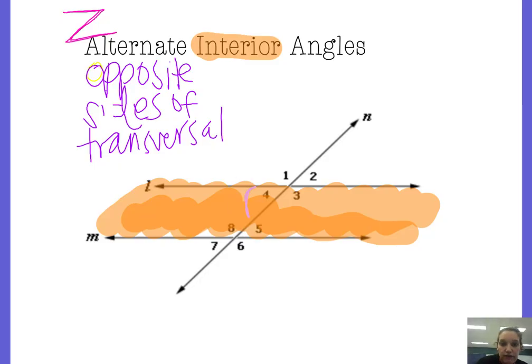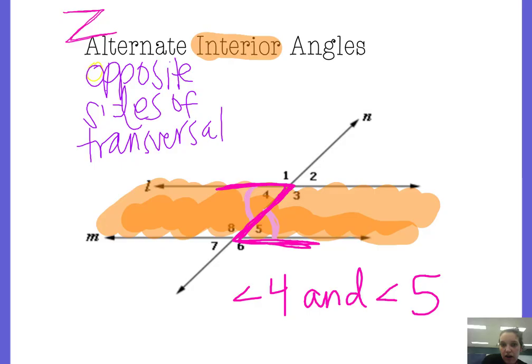So like angle 4 is on the left side of the transversal, and angle 5 is on the right side of the transversal. So if you notice, there's a Z. So angle 4 and angle 5 are alternate interior angles. They make a Z like that.